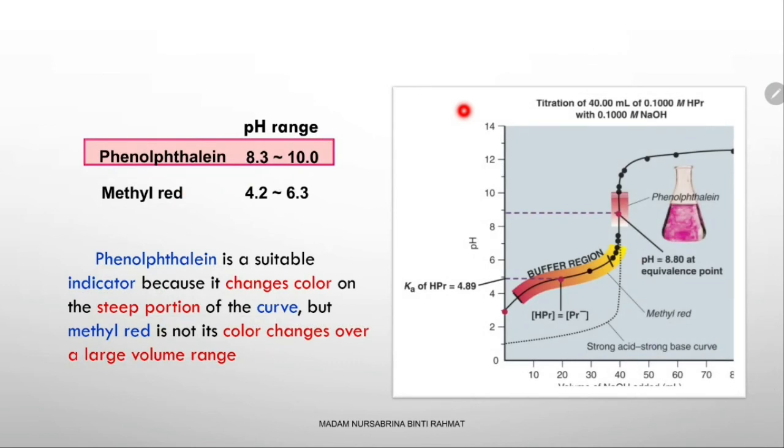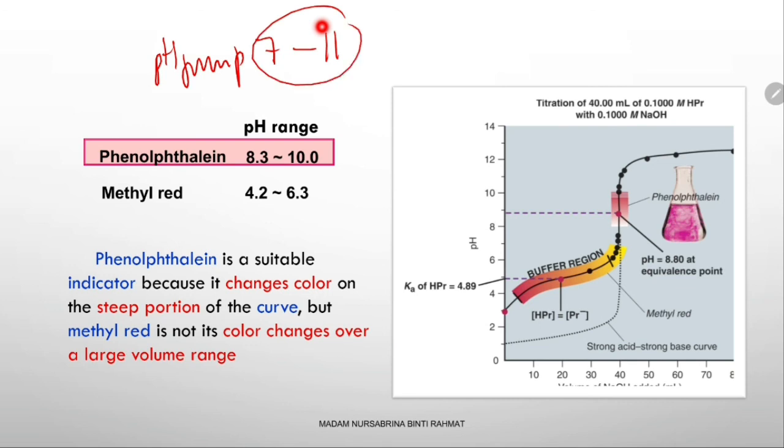Okay, so what kind of indicator is suitable for this weak acid and strong base titration? The pH jump is between 7 and 11. That means my indicator should change color within this pH jump range.